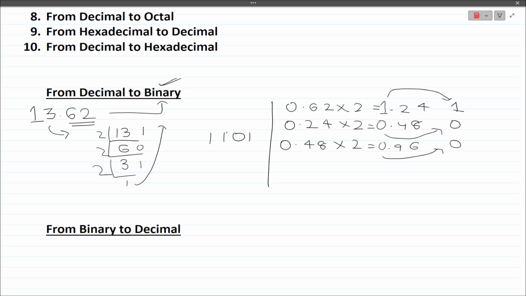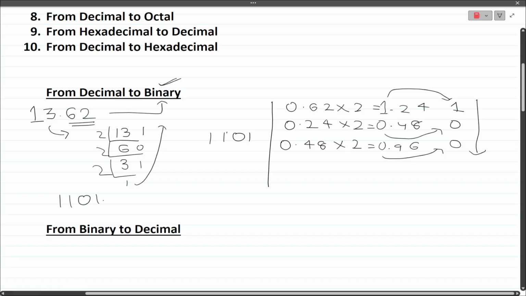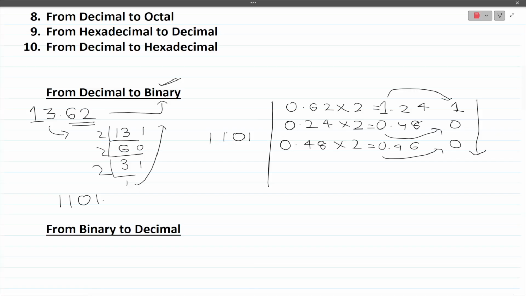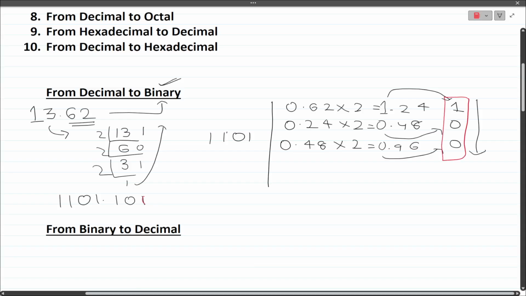So here I will start placing from this to this: 1 0 0. Now what was my non-decimal part? It was 1 1 0 1, and my decimal part has given me 1 0 0. Whatever you have got over here, you need to keep them.